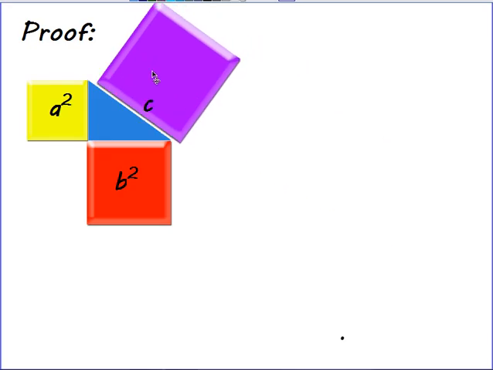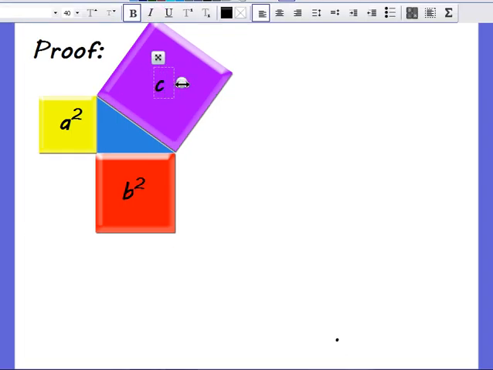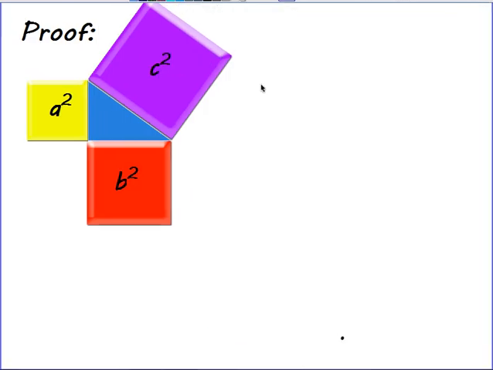And finally, the purple square. When we bring it over, you can see that it has a side length of C. Since the side lengths are C all the way around, that means that this square has an area of C times C, or C squared.